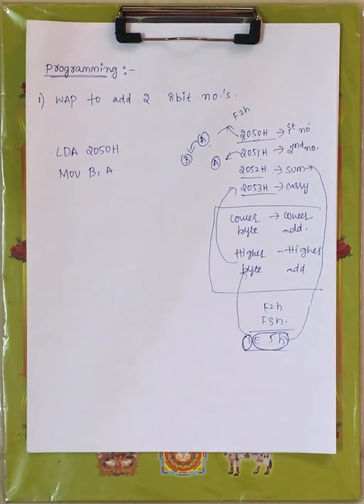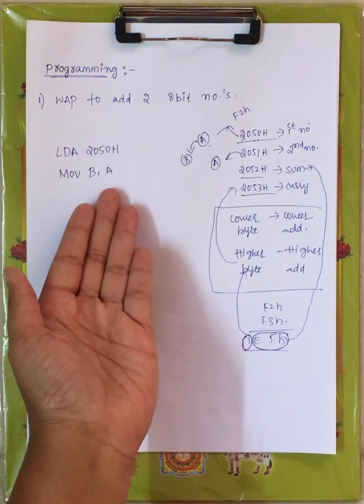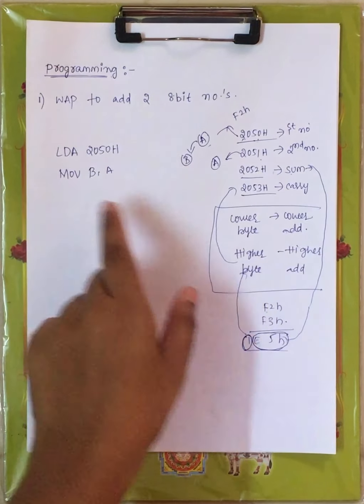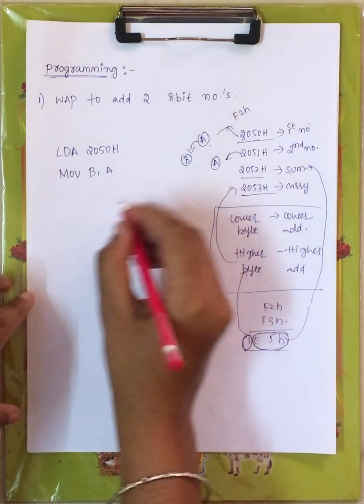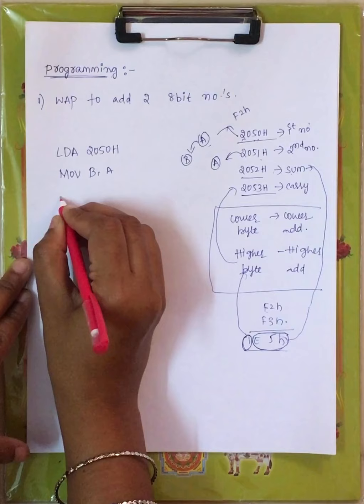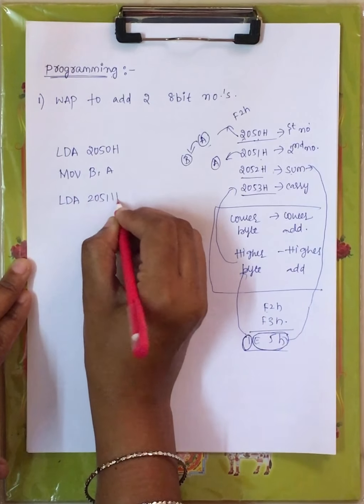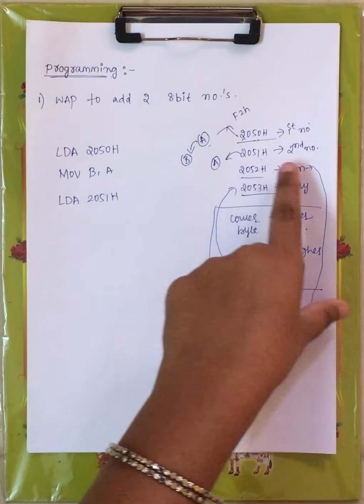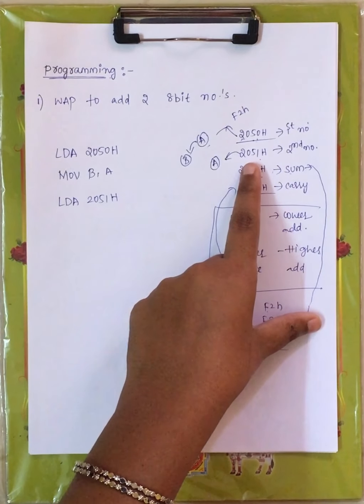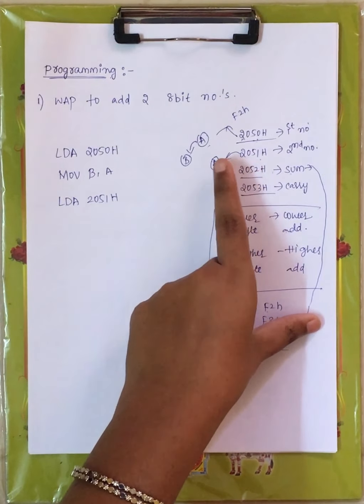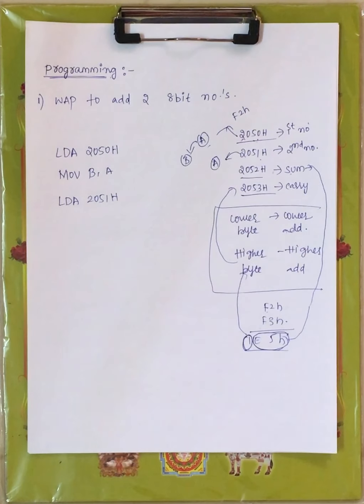Since we have moved the contents of A to the B register, now A is free. The next instruction is LDA 2051H. That means the second number stored under memory location 2051H is loaded to the accumulator.